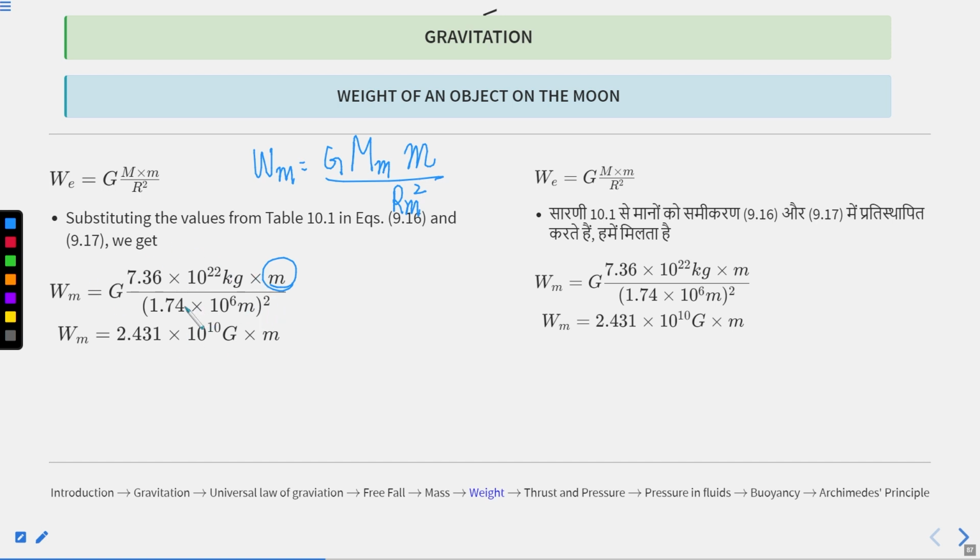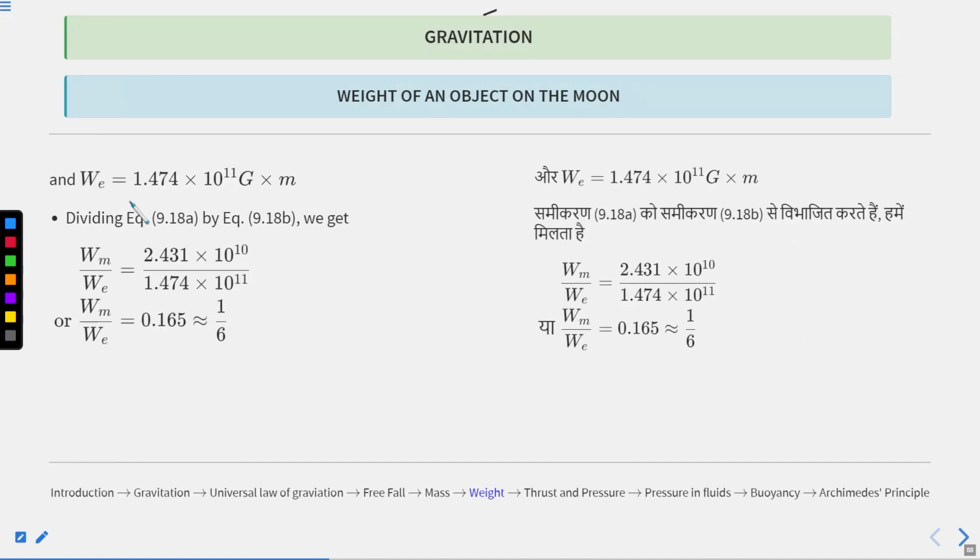When you complete this calculation, leaving the value of G and m, Wm is approximately equal to 2.4 into 10 raised to the power 10 Gm. This is the weight on the moon.